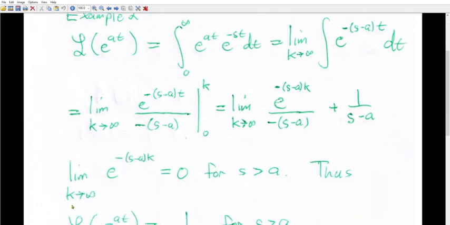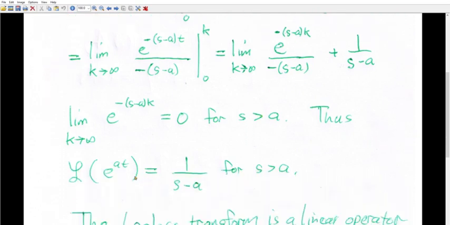And the same idea here, as long as s minus a is positive, this limit when k goes to infinity is going to be 0. So for s bigger than a, this term goes away, and all we get is that the Laplace transform of e to the at is 1 over s minus a for s greater than a.